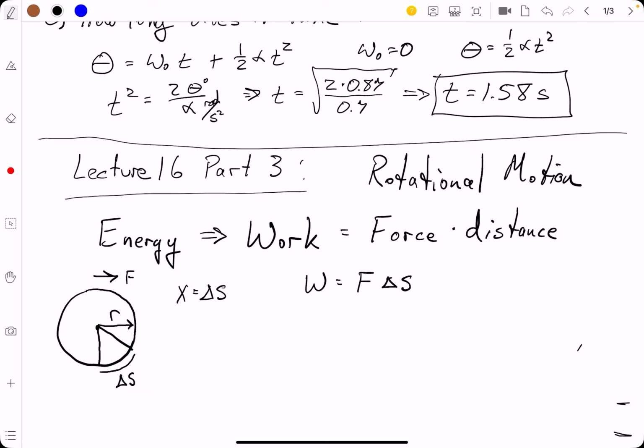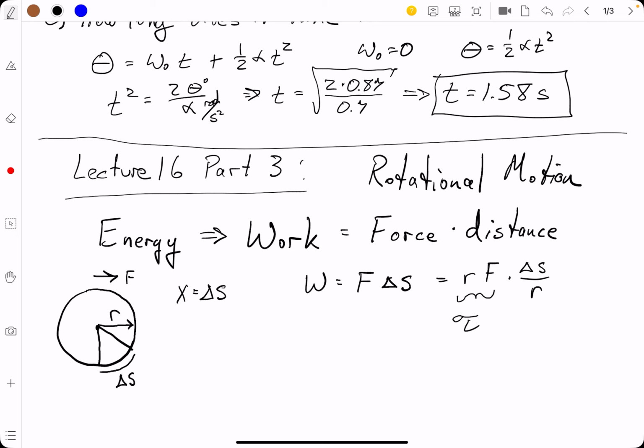So if I decide, you know what, I can multiply R times my force, but then I have to divide my S by R if I'm going to do that. But let's say we do. All right. Well, look, right here, what is this? Of course, R and F are perpendicular to each other, so that's nice.